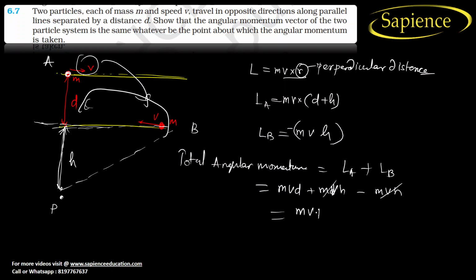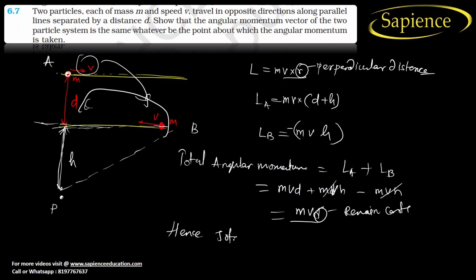So we get m v d. As we have seen, both particles have mass m and are traveling with velocity v, and they are separated by distance d. So distance d will remain constant. So finally the total thing will remain constant.